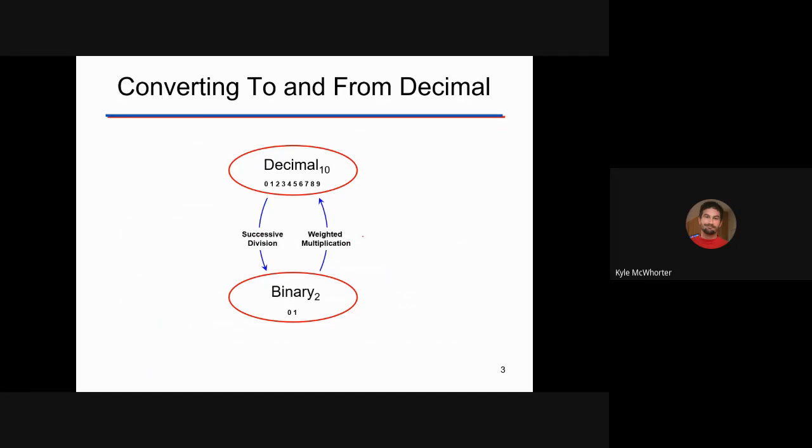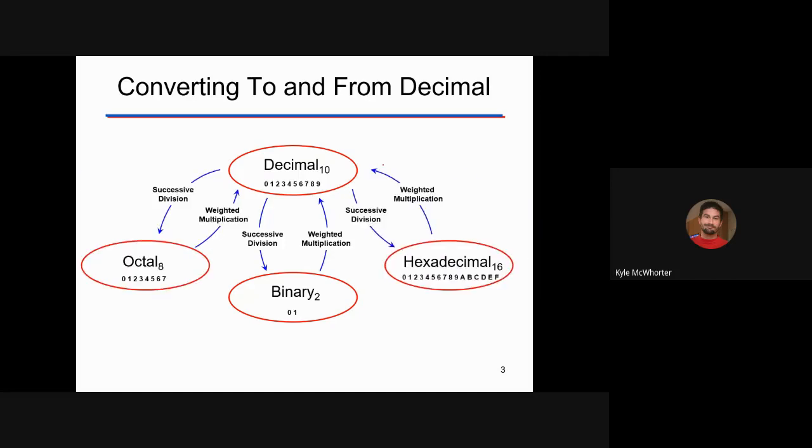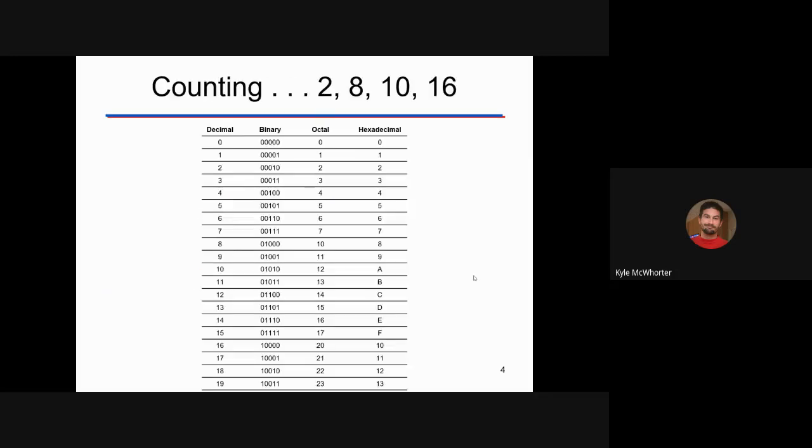The first one we get would be the least significant digit on the right, and once we get nothing to divide by anymore, we stop. It's going to be a similar process with octal and hexadecimal. Instead of dividing by 2 every time with binary, to change it to octal, you'll divide by 8 every time. And for hexadecimal, you'll divide by 16. But it ends up being the same kind of process.